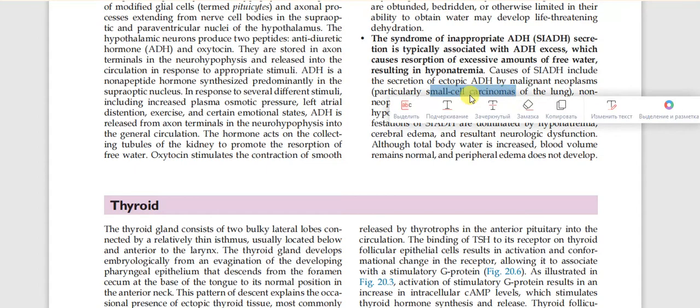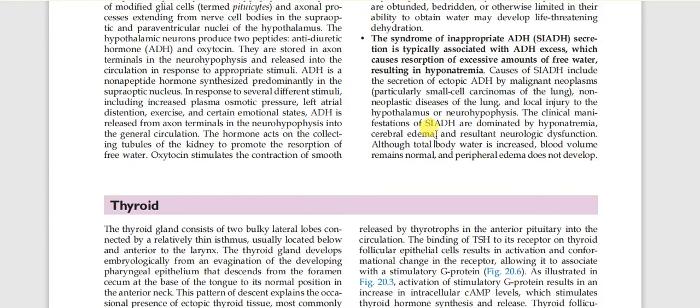So sometimes water retention with hyponatremia might be related not only to a lack of normal fluid amount and salt imbalance, but also might be caused by cancer, small cell cancer of the lungs, because it's very rarely present initially in the pituitary gland.